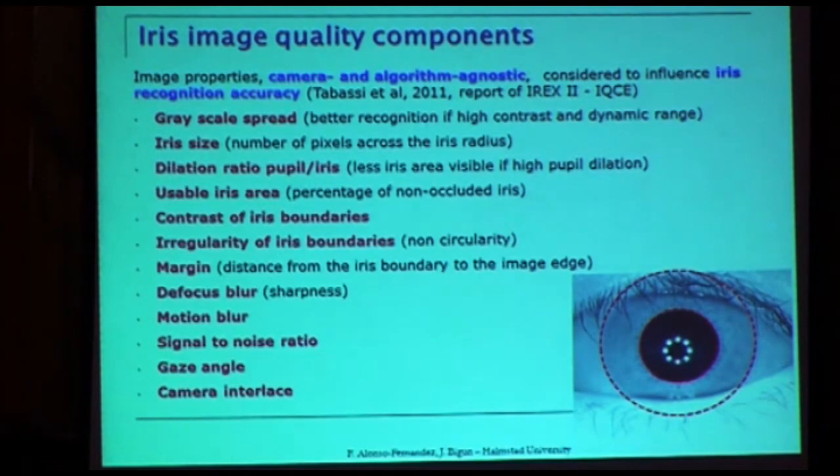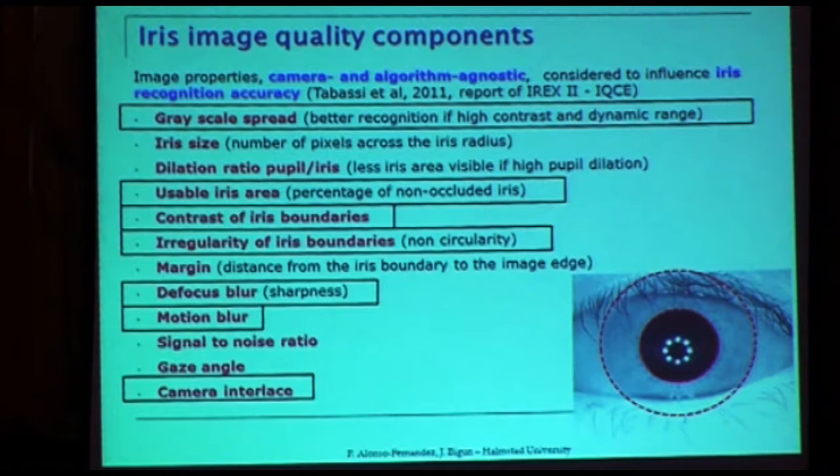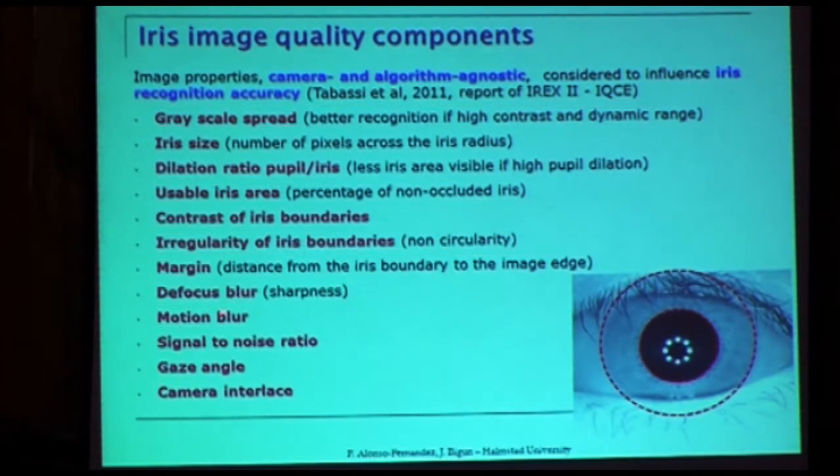These proposed image quality components are listed here: grayscale spread, where we expect better recognition with images of high contrast and high dynamic range; the iris size, the number of pixels across the iris radius; the dilation ratio between pupil and iris; the usable iris area, measured by the occlusion on top and bottom; the contrast of iris boundaries; the irregularity of iris boundaries, meaning that they are not fully circular; the margin, which is the distance from the boundaries to the image edge; the focus blur, motion blur, signal to noise ratio, gaze angle, and camera interlace.